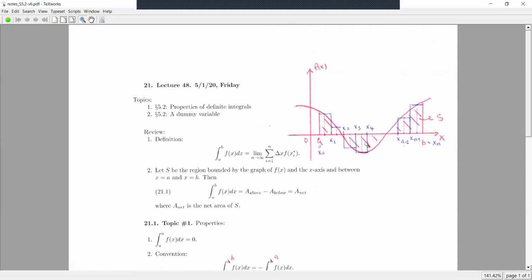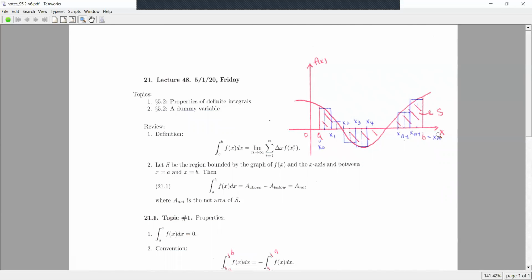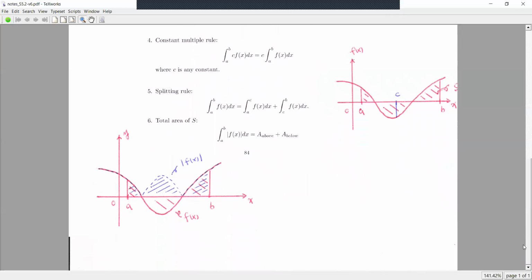If we want to find the total area of the region S, then what can we do? We can take the absolute value of the function f. Here, the red curve is the graph of the function f. The blue dashed curve is the graph of the absolute value of the function f.